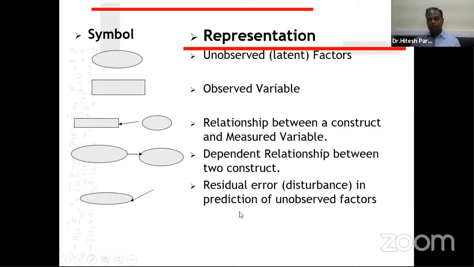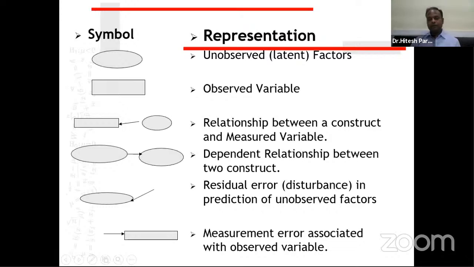This is the error term in prediction of an unobserved factor. And this is the error term associated with an observed variable. So whenever there is some kind of arrow, it shows the error term. And this is the relationship between constructs. This is a relationship between a construct and a variable. This is an observed variable, and this is a construct or latent variable.